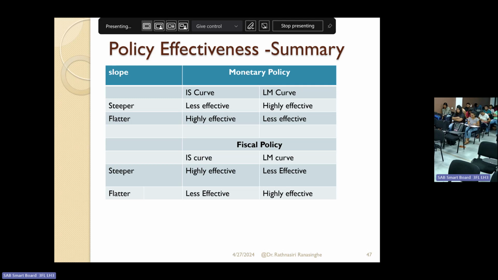We can shift the LM curve in the same proportion to the right, LM M1. That will reduce the interest rate from R0 to R1, and income increases from Y0 to Y1. You know how it is happening, right? Why there is a decline in the interest rate, and why there is an increase in the income.